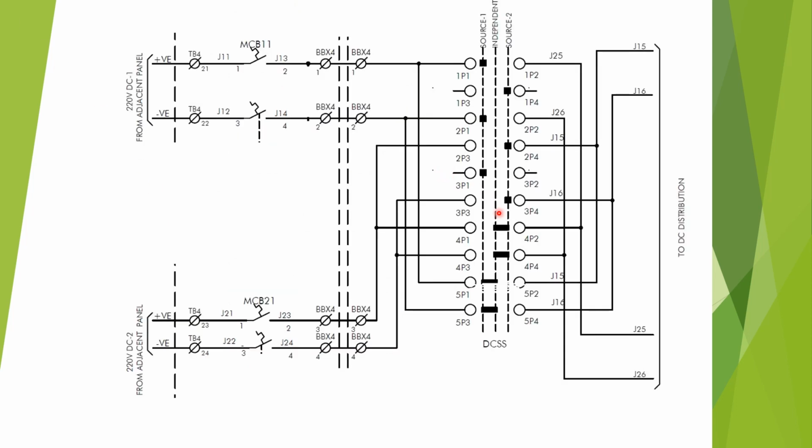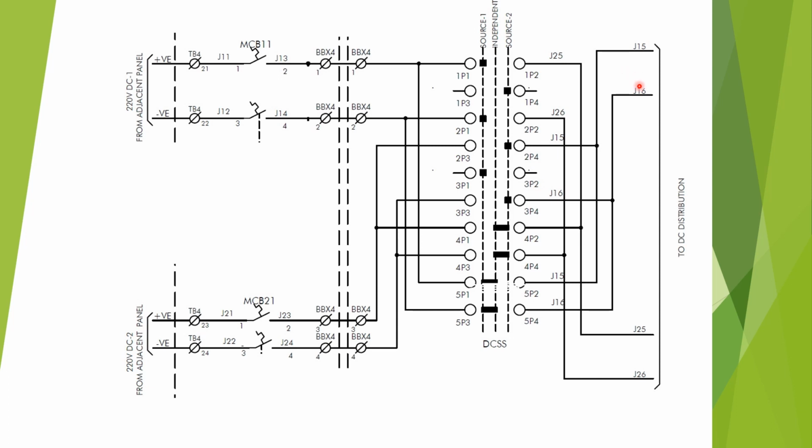So in the DC selector switch, there exist three positions: source 1, independent and source 2. This is after the DC selector switch position, that is J15, J16, J25 and J26. Whenever the switch position is kept at source 1, then 1P1, 1P2, 2P1, 2P2, 5P1, 5P2, 5P3 and 5P4 contacts will be activated.